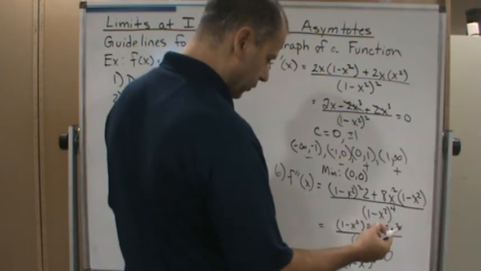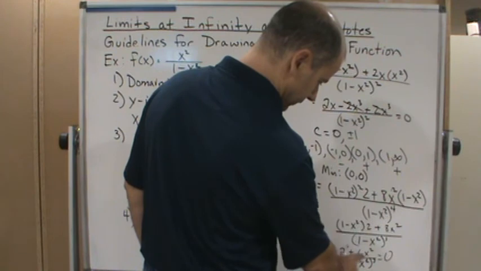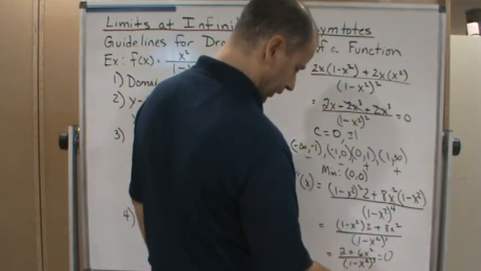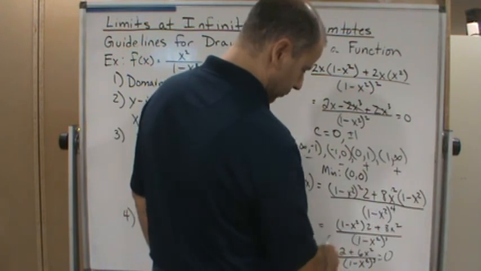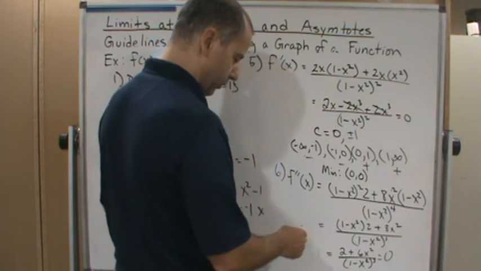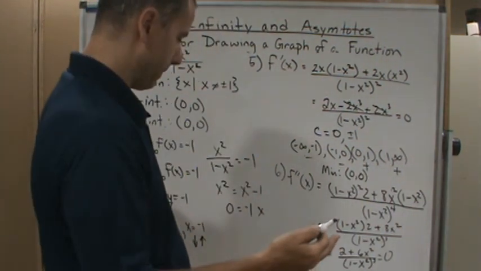So let's use -2. So if we stick in -2 here, we get +2. So this is going to give us a negative value on the bottom. If we cube it, we're still going to get a negative value. On the top, we're going to get a positive value. So this is going to be negative. So it's going to be concave down from -infinity to -1.